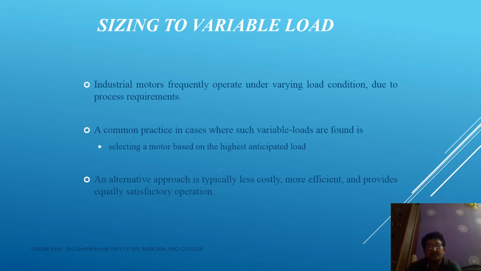Next, while choosing the sizing for variable load, industrial motors frequently operate under variable load conditions due to process requirements. A common practice in the case of such variable loads is selecting the motor based on the highest anticipated load.